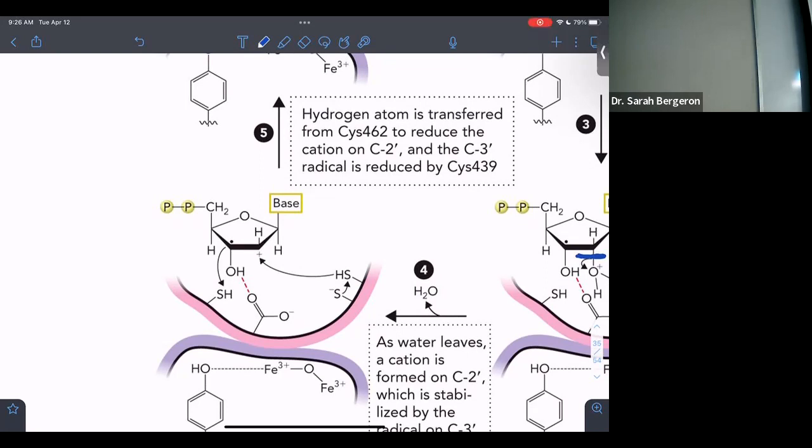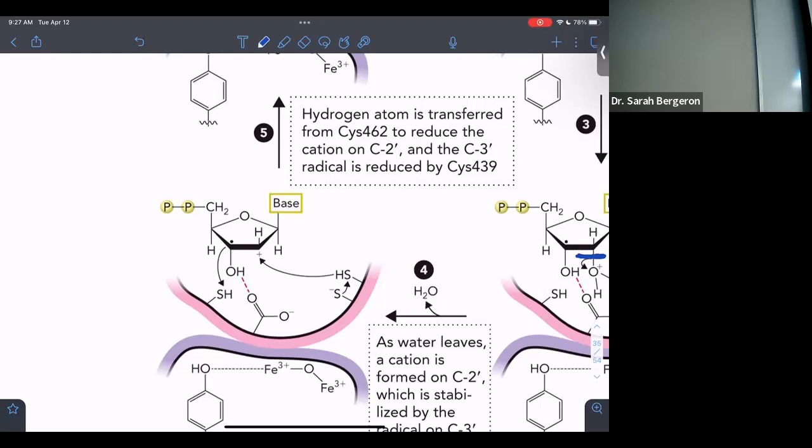So in effect, now we're almost to the complete structure. And at the same time, this carbon that has the free radical is going to pull the hydrogen that's attached to the sulfhydryl down here to give this base the correct number of bonds around all the atoms.